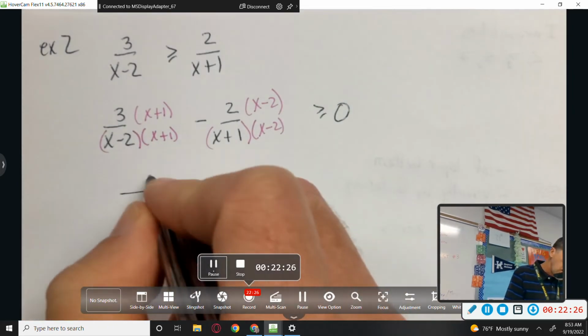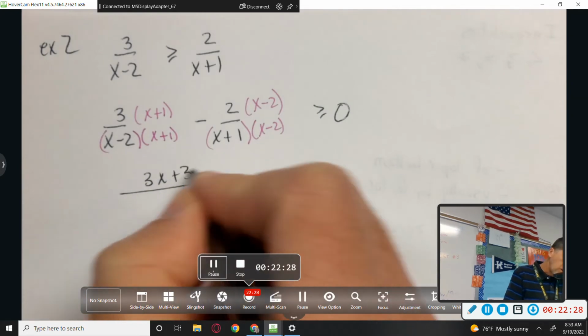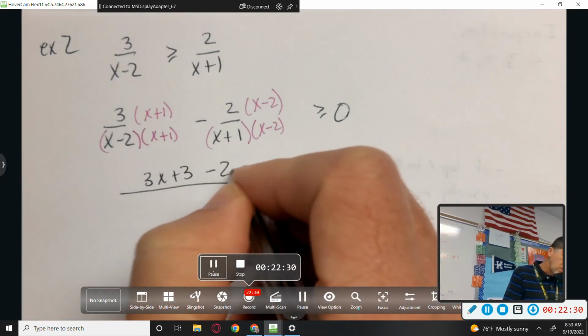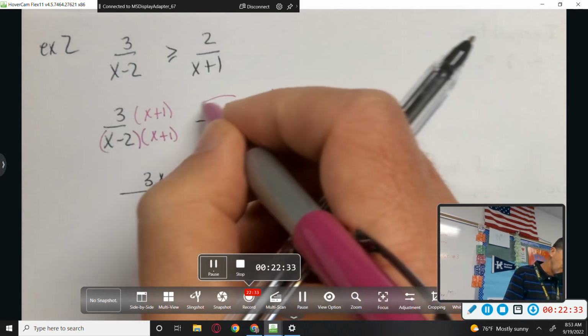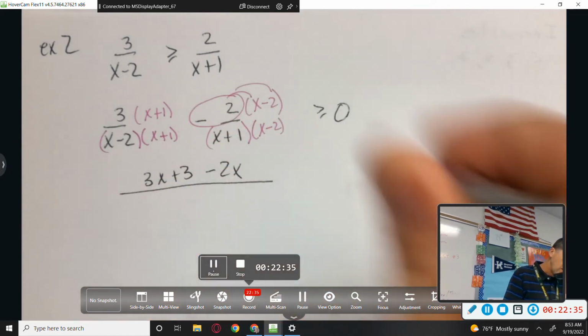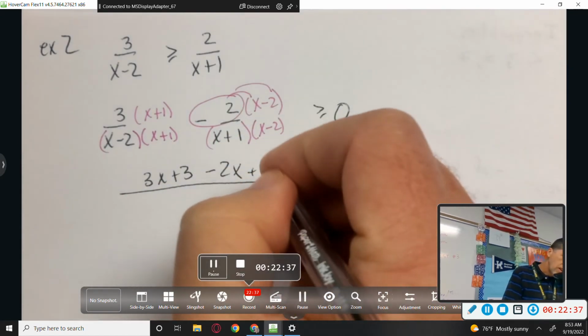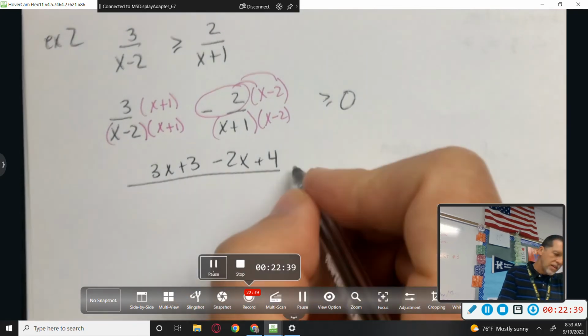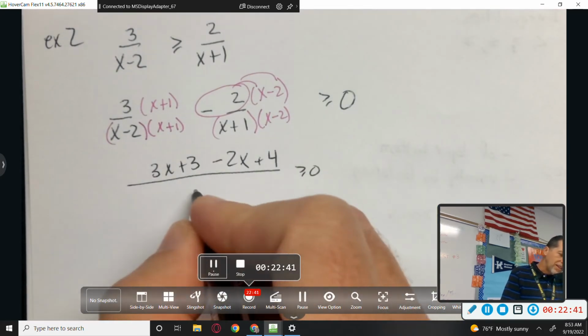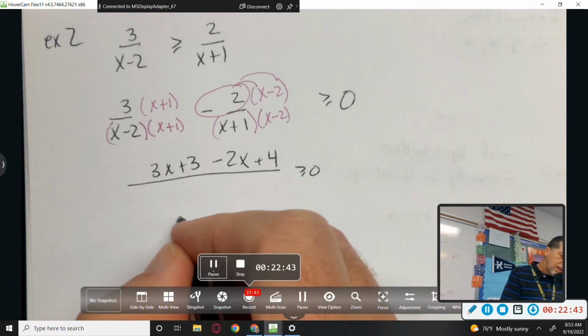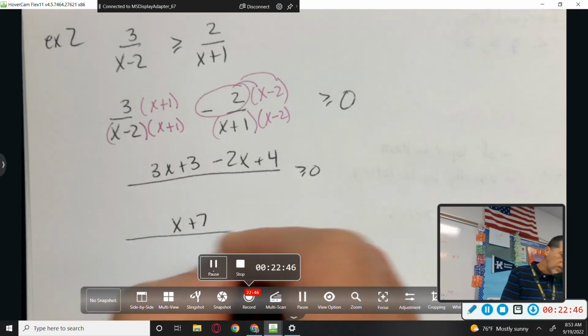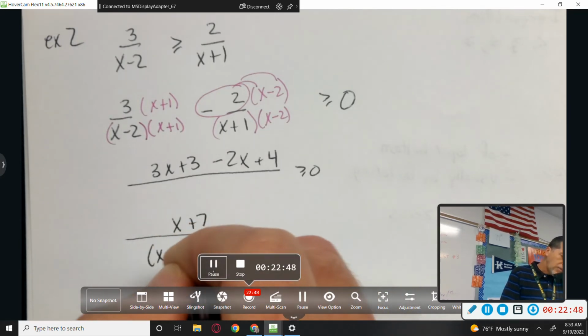So that's 3x plus 3 minus 2x, careful, plus 4. I'm going to be lazy and not write the denominator. x plus 7 over x minus 2, x plus 1.